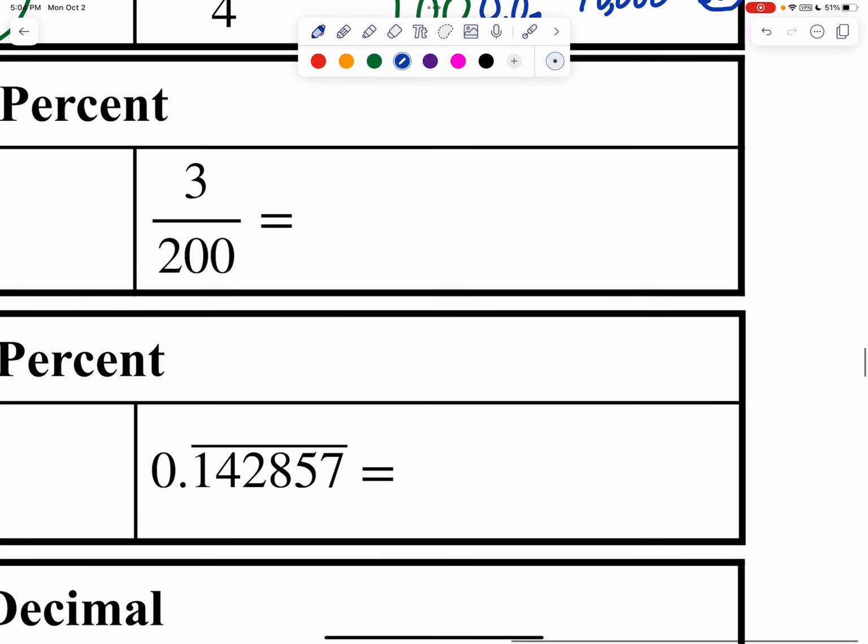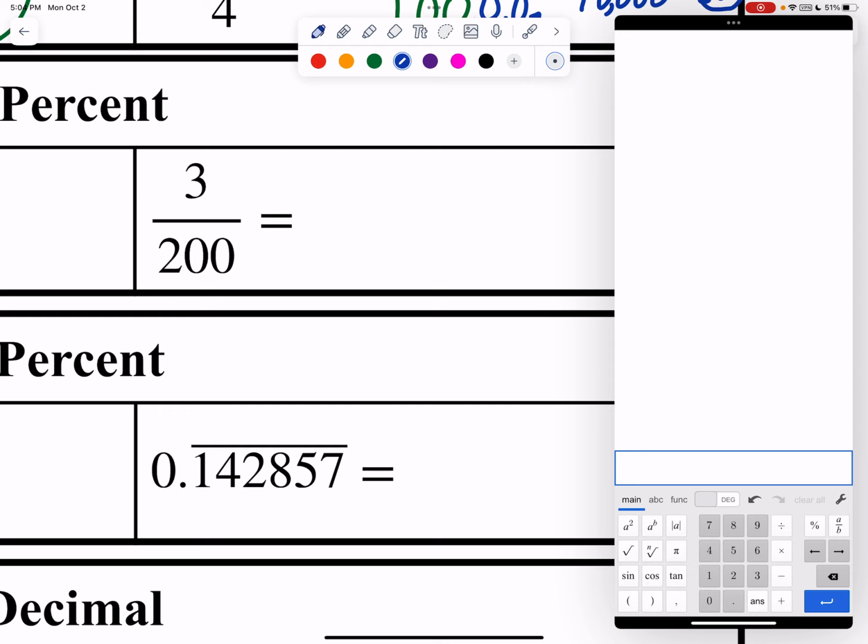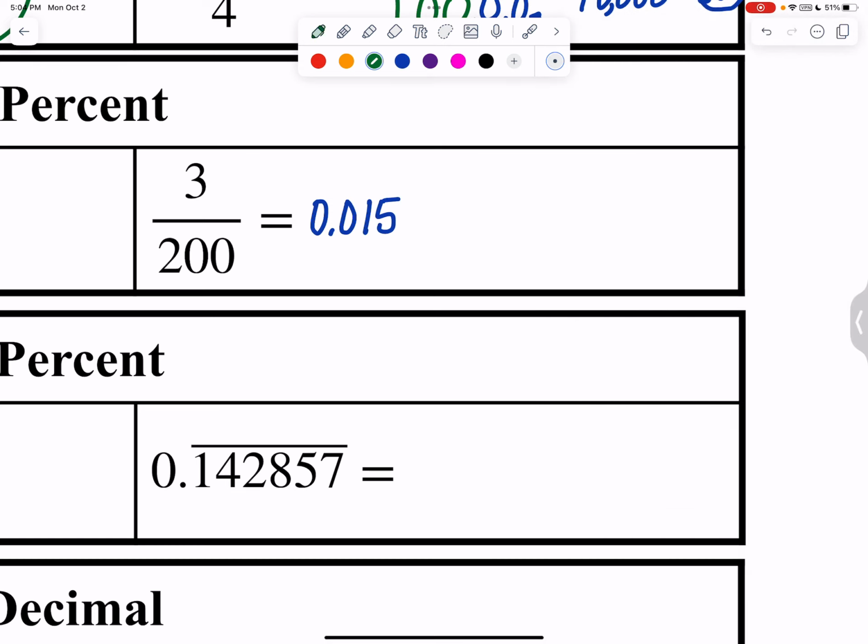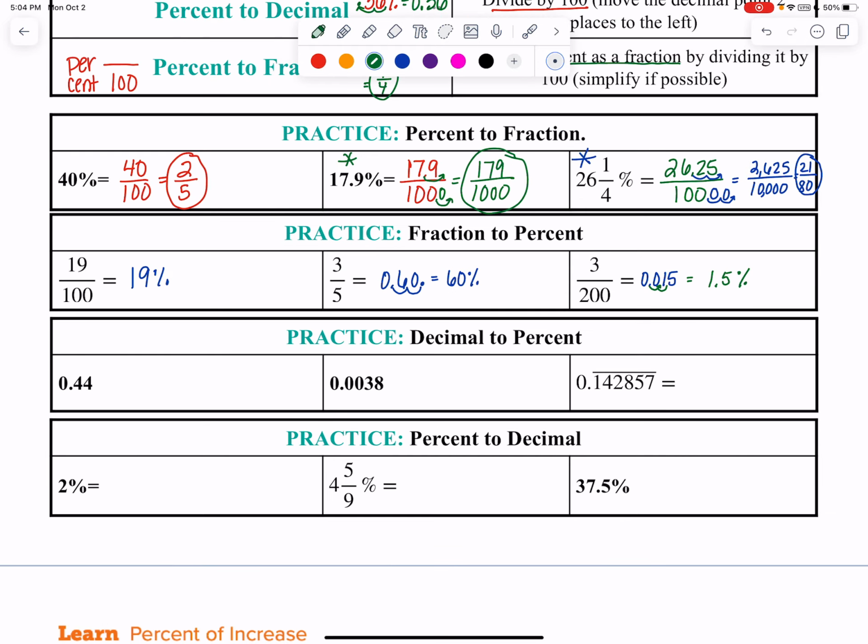We have 3 200ths. So let's just make the decimal and then turn the decimal to a percent. 3 divided by 200 is 0.015. How do I turn that decimal to a percent? Remember, we multiply by 100, 2 spots to the right, and so we end up with 1.5%. Okay. All right, so there's fractions to percent, a couple different ways of how that works.